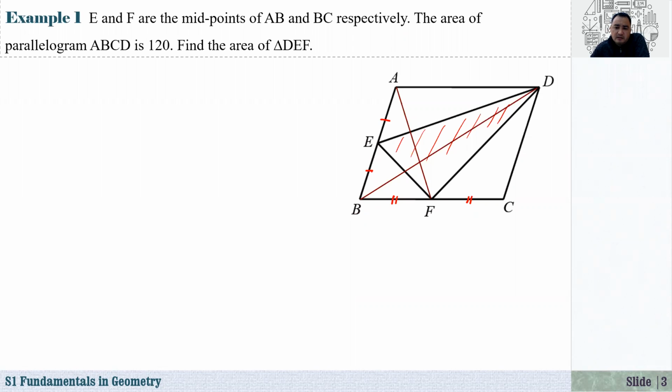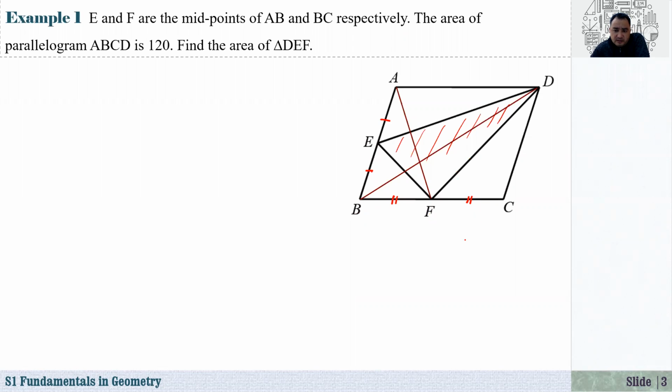It bisects the area of the parallelogram. That means the area of ABD is equal to the area of BDC. At the same time, since F is the midpoint, the area of BDF is equal to the area of FDC.